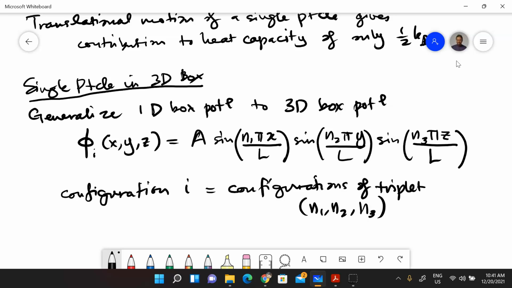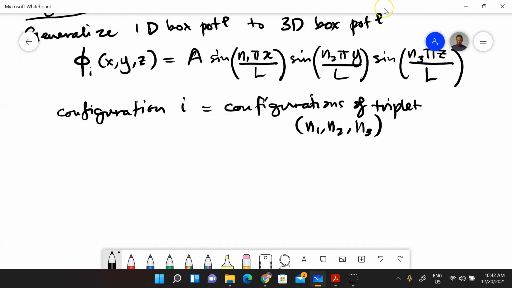So phi_i is simply identified with this eigenstate which carries these quantum numbers. I think you have probably seen this kind of notation before.